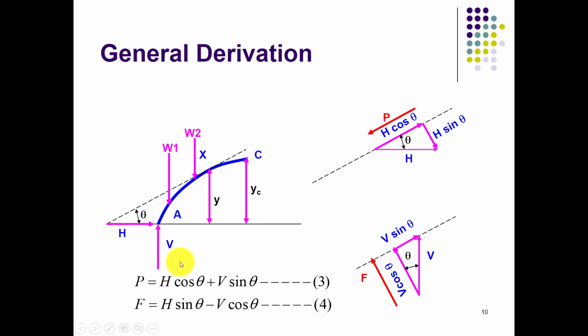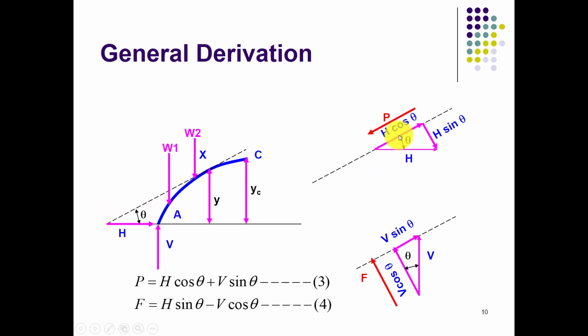If we resolve these forces into a triangular component, it might resemble this triangle, in which you have a horizontal reaction. The component of a horizontal reaction on the tangent of this arch would be taken as H cos theta, which is going rightward.